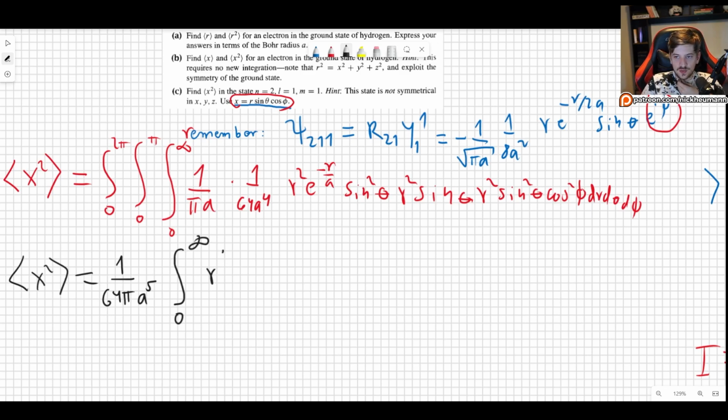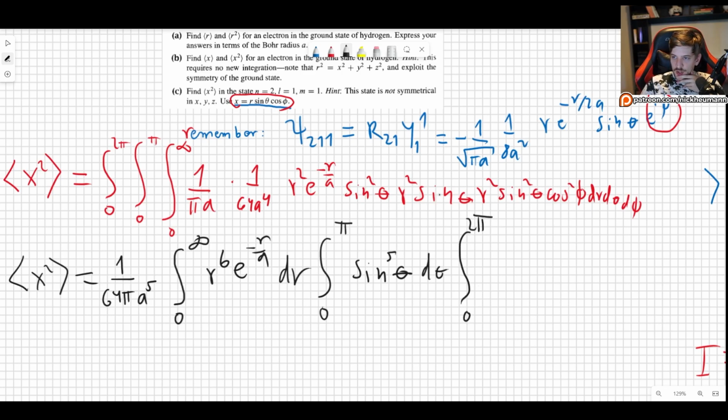We have r to the 6th e to the minus r over a dr. Then we have our thetas. So this would be sine to the 5th of theta d theta. And then we have 0 to 2 pi of our phi's. So this would be cosine squared of phi d phi.